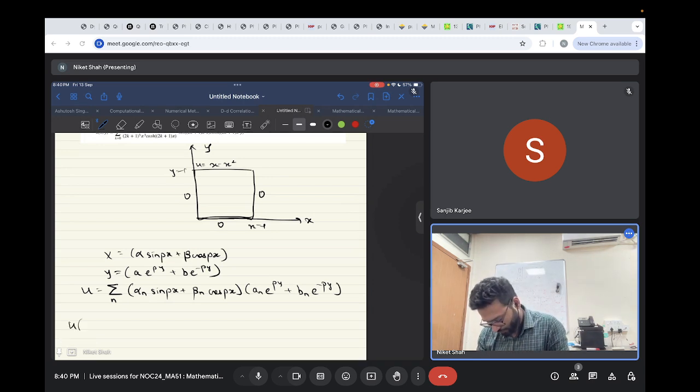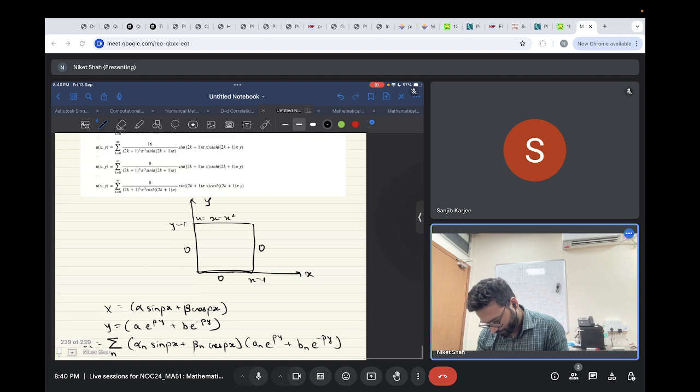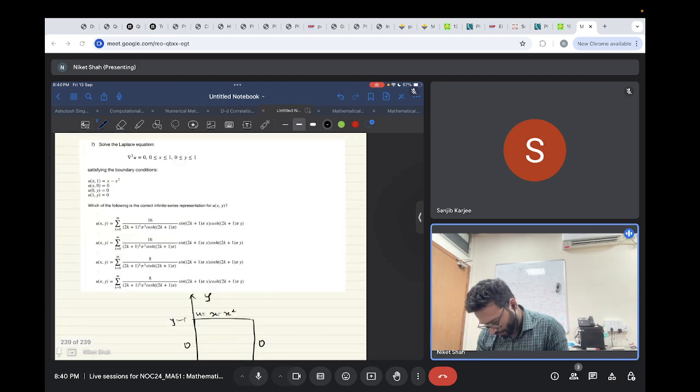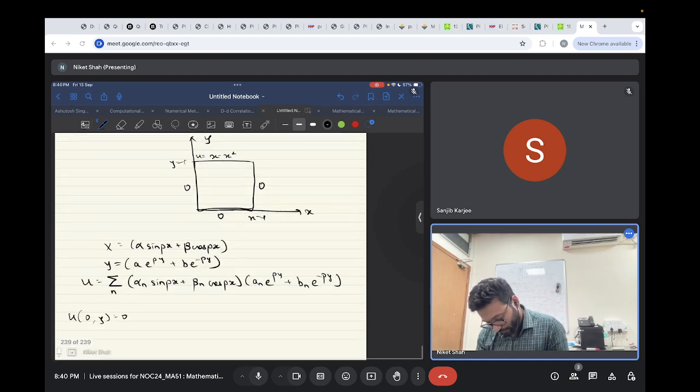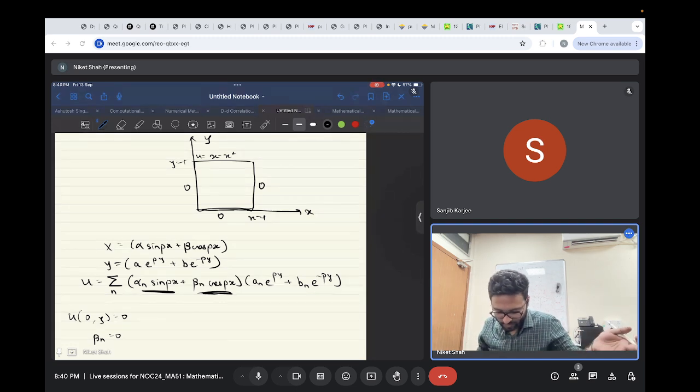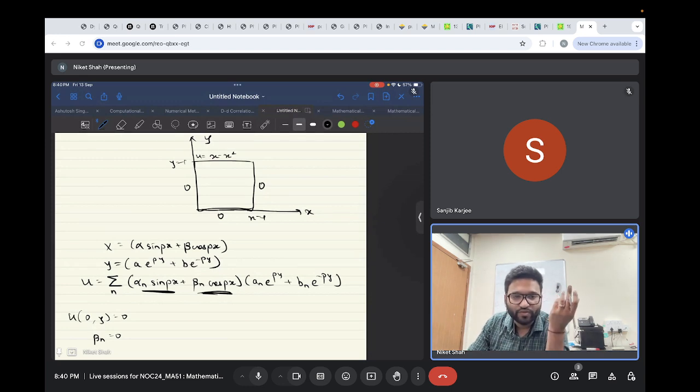So u of 0 comma y is equal to 0. In that case, beta n comes out to be 0, right? Because x is 0, so the alpha term becomes 0, but this still remains: beta n cos px into a n e power py and everything. So beta n has to go to 0 because the right hand side is 0. So beta n becomes equal to 0.